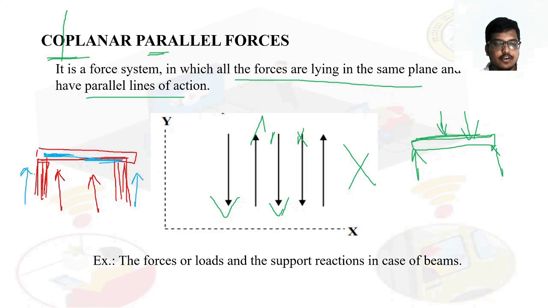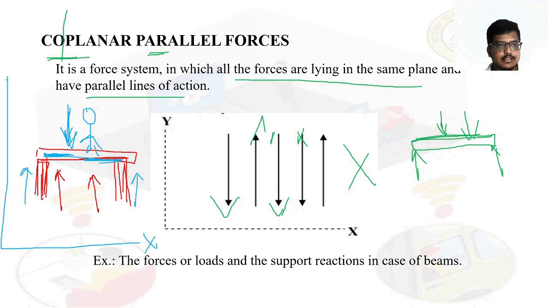Okay, if a person sits on this table, his force will be towards the gravity, right? So this force and this force, how are they? They are in the same plane. If we take a plane here, they are in the same plane, so they are called coplanar, and they are also parallel to each other.